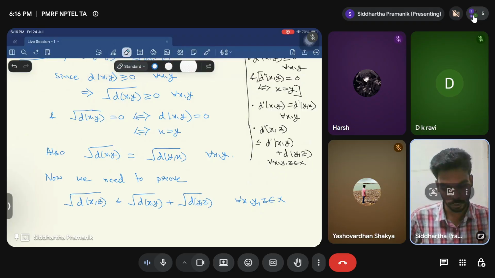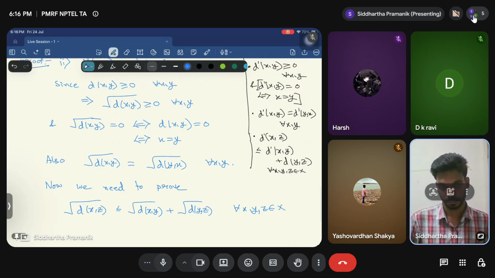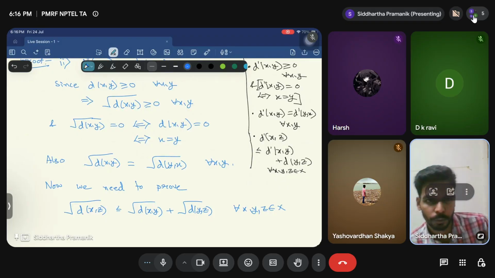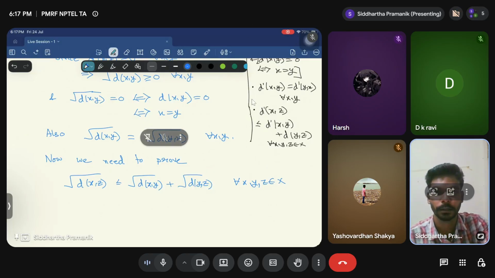So any idea how to do it? Just try to think how to prove this. Yes, anyone?